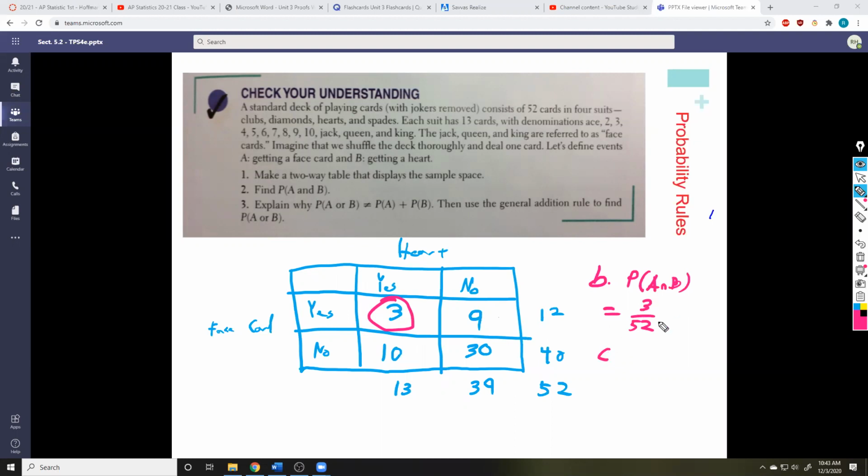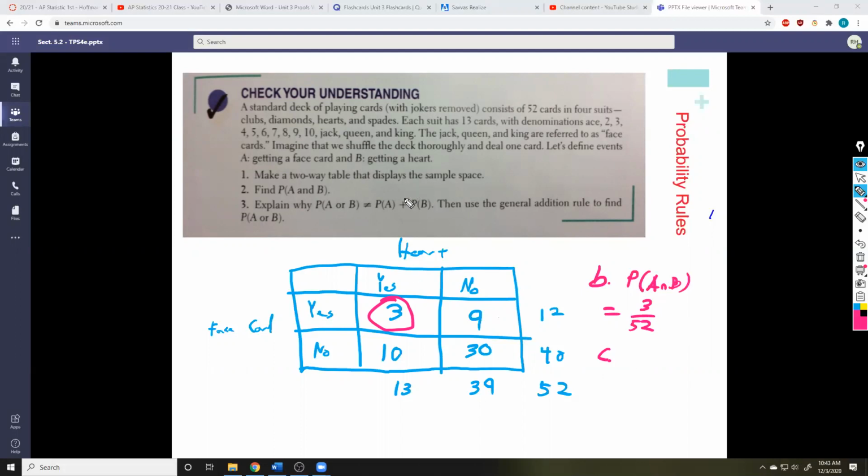If you add something else in the denominator here, you're thinking ahead to the next section. In the next section, we'll be talking about questions like how many of the hearts are face cards? Or how many of the face cards are hearts? That's what we're going to talk about next section. Right now, we're just asking how many are hearts and face cards. There's 3 of them out of the 52.